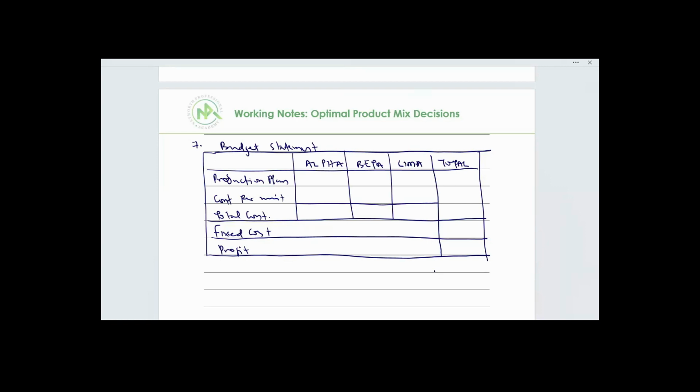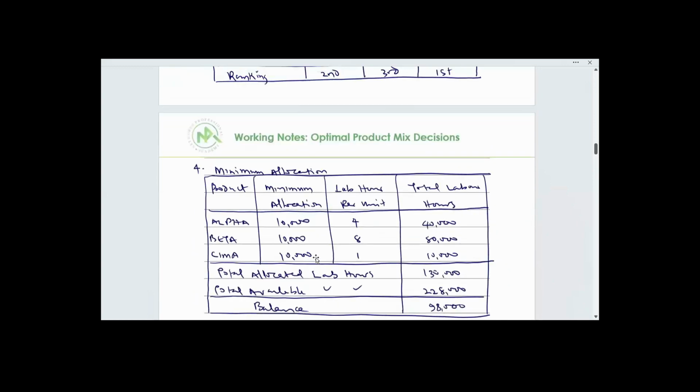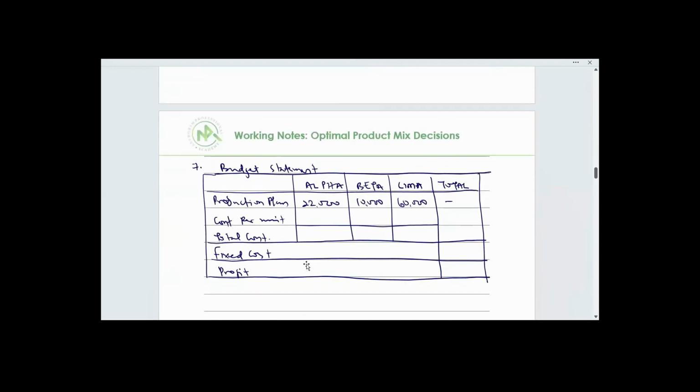Okay, so the production plan: 22,000 for alpha, beta is 10,000, 60,000 for sigma. Contribution per unit is 40. Let me confirm. Yes, 40, 64, 12. 40 naira, 64 naira, 12 naira.